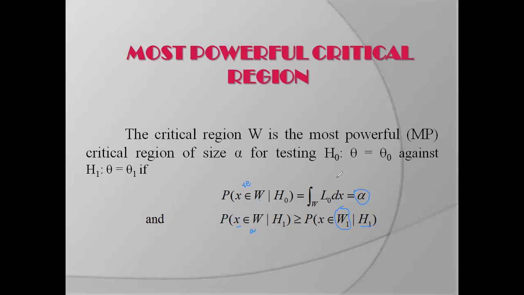The probability of rejection should be equal to alpha, and the probability of acceptance of the most powerful critical region should be greater than or equal to that of another critical region. If both hold, then we can say W is the most powerful critical region.